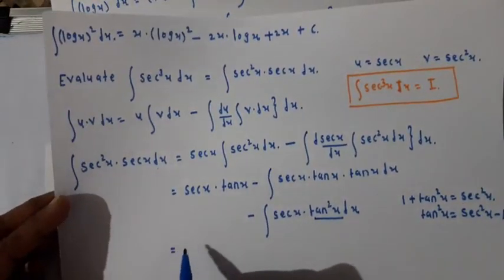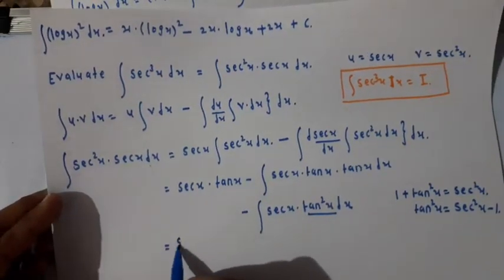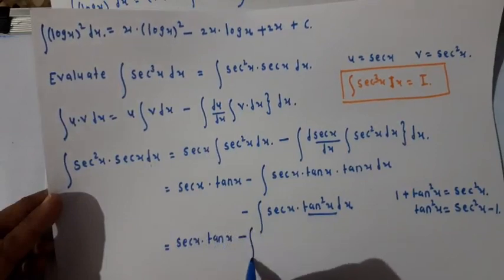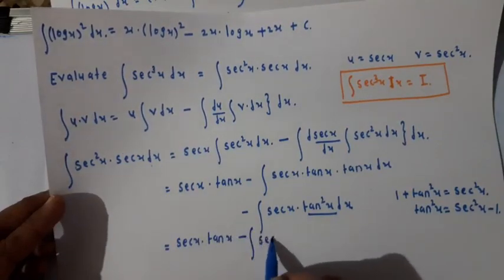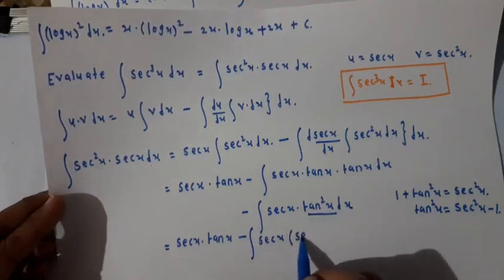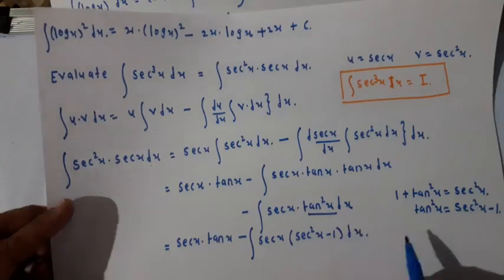Therefore this is equal to sec x into tan x minus the integration of sec x tan square x, which we can write as sec square of x minus 1, with respect to x.